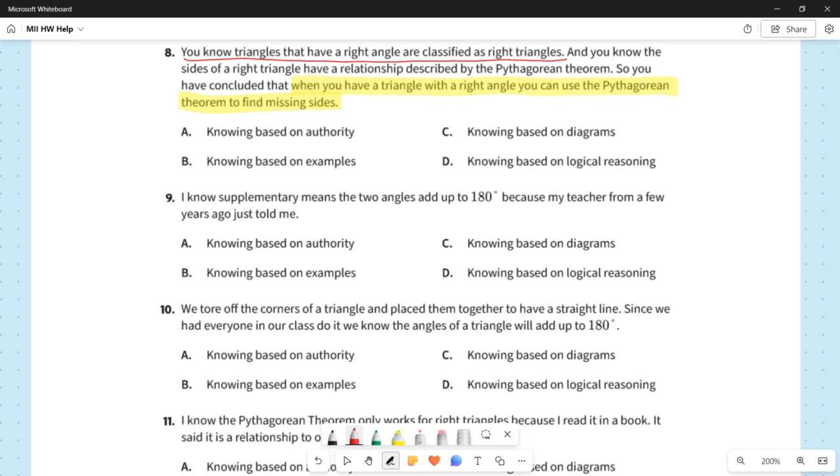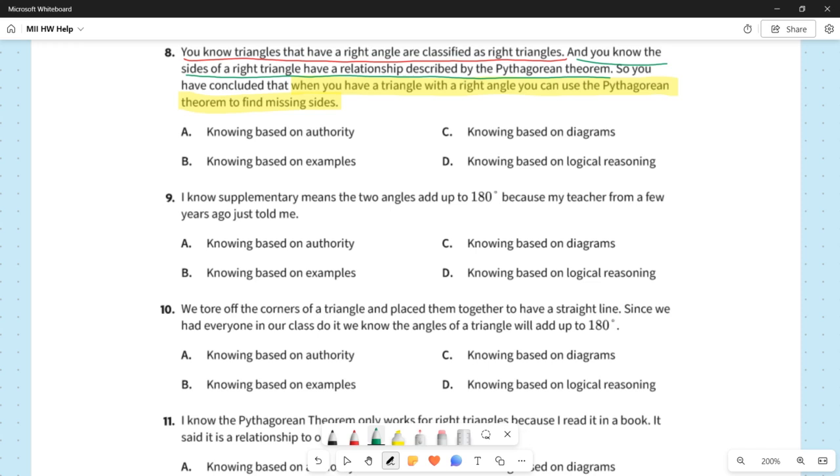Our teacher told us that when you have a triangle that has a right angle, the type of triangle is a right triangle, right? So we quote unquote know that first sentence. Also, we know that the sides of a right triangle have a relationship described by the Pythagorean theorem.